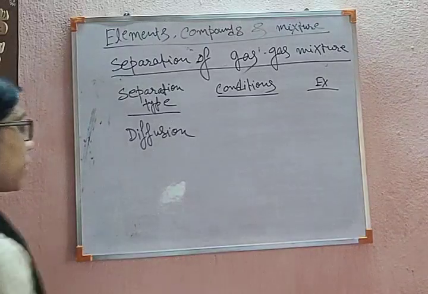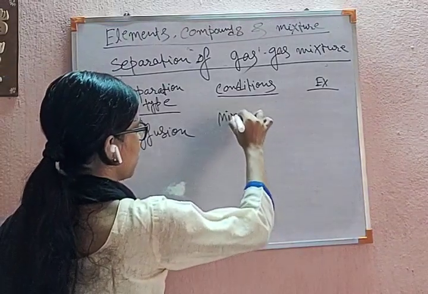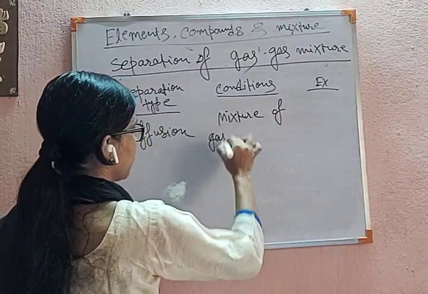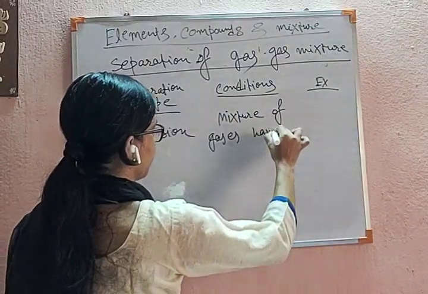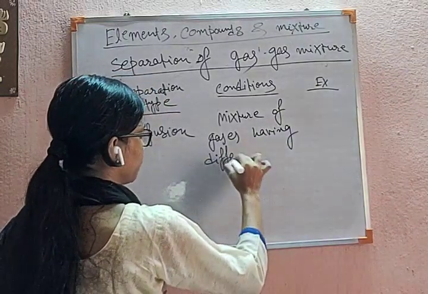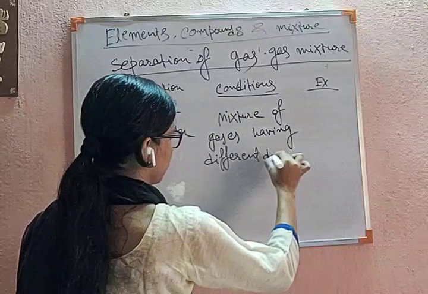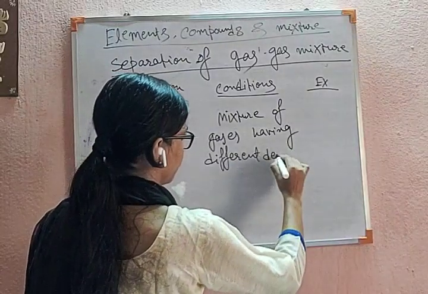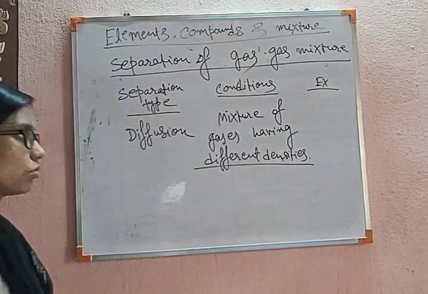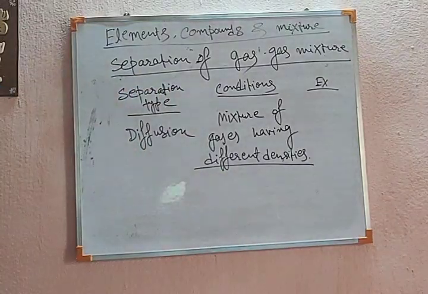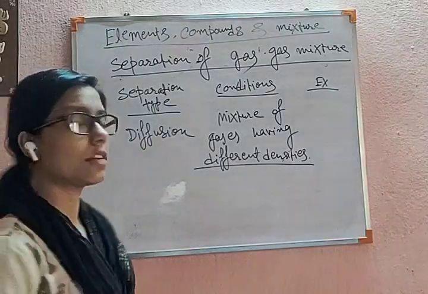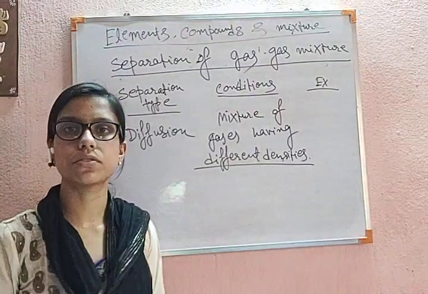So a mixture of gases having different densities. The gas that has lower density diffuses fast.